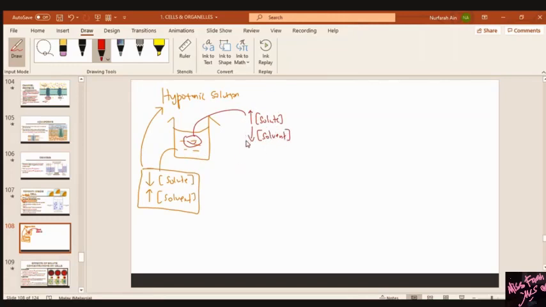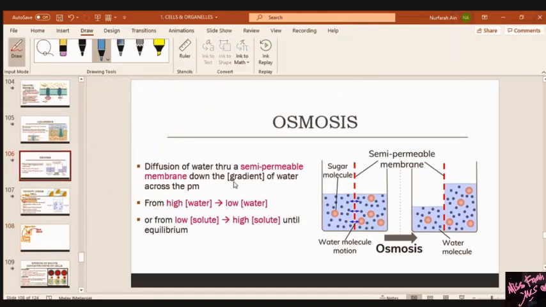So if you were to predict the movement of water, is it water from outside diffusing into the cell or water from the cell diffusing out of the cell? You're going to remember back to osmosis. Osmosis is the movement of water through a semi-permeable membrane down the concentration gradient. Recall, what is a concentration gradient? It is basically when you have two areas with different concentrations.